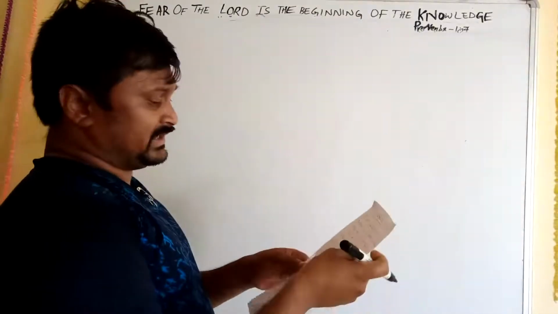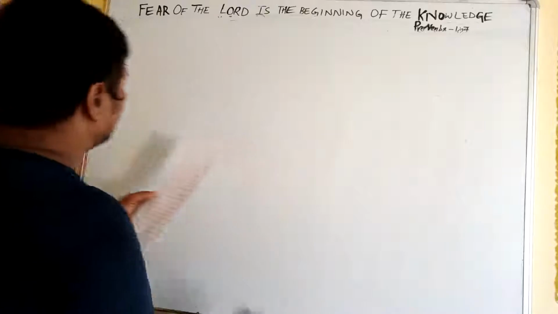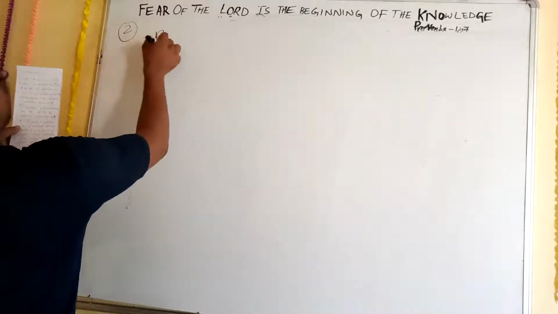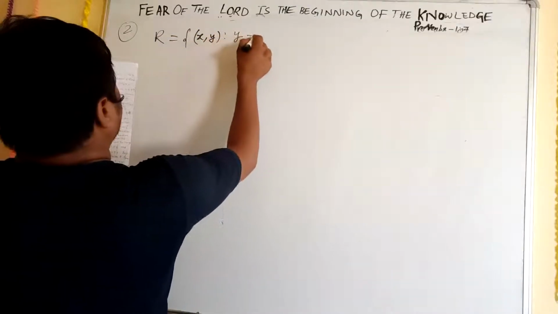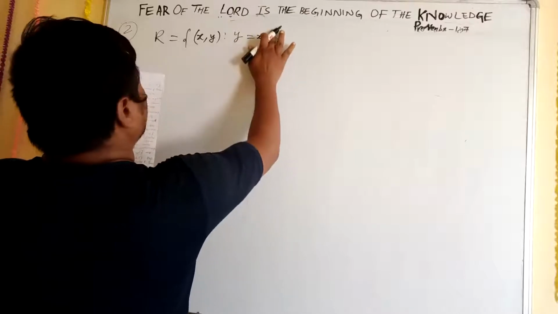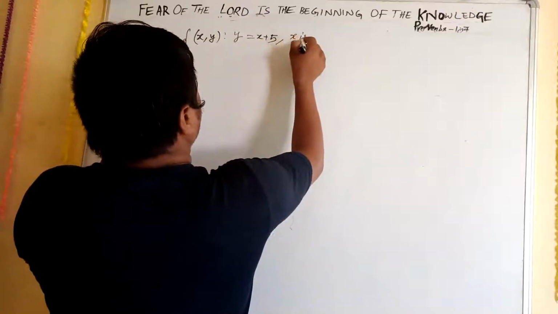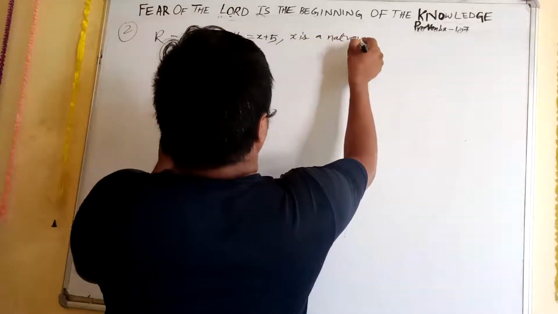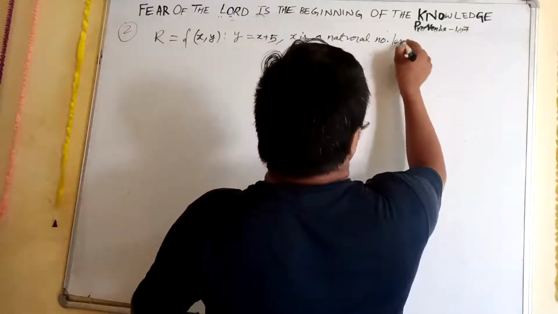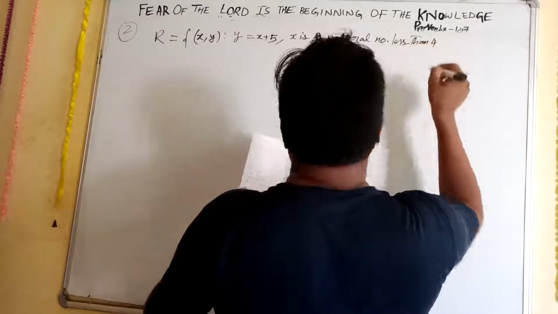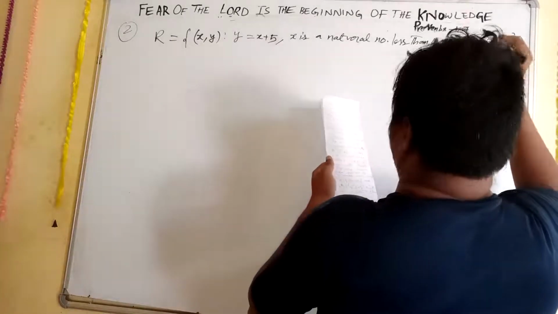Now, second question, what is given? Define the relation on the set N of natural numbers by the relation R equal to {(x, y) such that y is equal to x plus 5, x is a natural number less than 4, x, y belongs to natural numbers}.